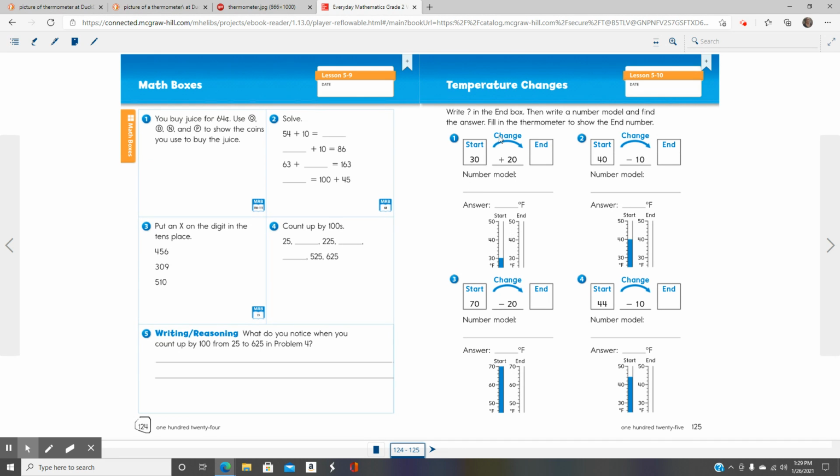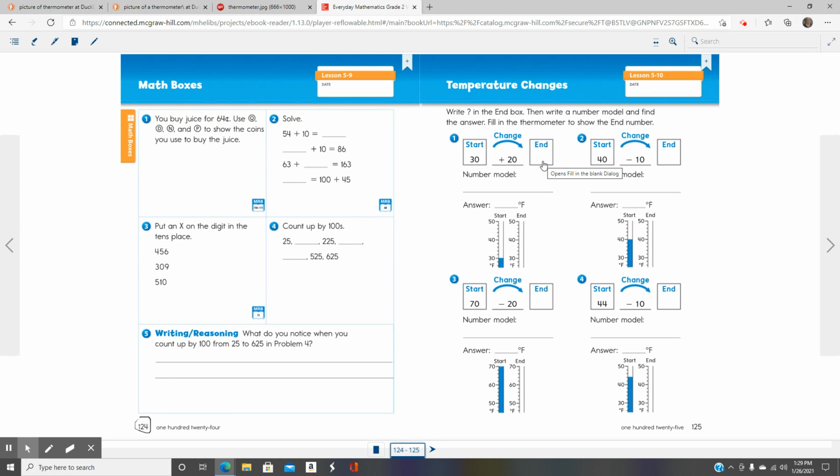So this change diagram is showing that the temperature is starting at 30 degrees, and then it's going up 20 degrees. So you have 30 degrees plus 20 degrees. What would be the ending temperature?